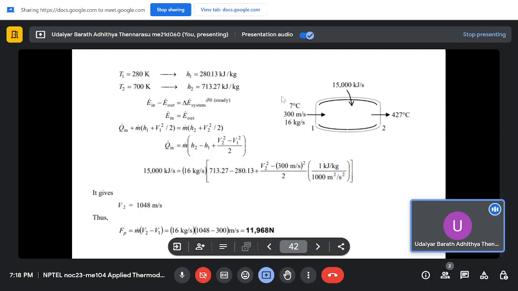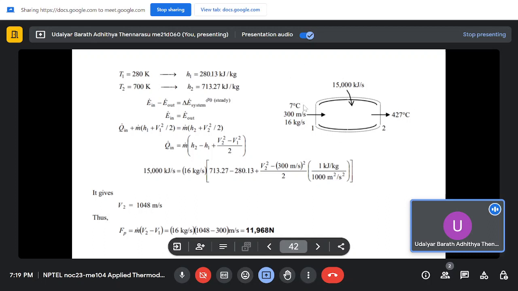Now if you apply the steady flow energy equation across this engine, energy in minus energy out is the energy stored in the system. Because this is a steady flow, the energy stored in the system will be 0. There is no energy stored in the system. So the energy coming in will be going out.